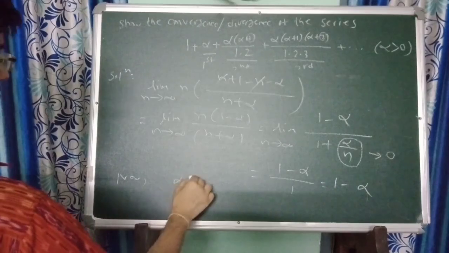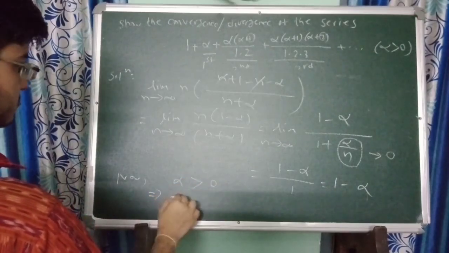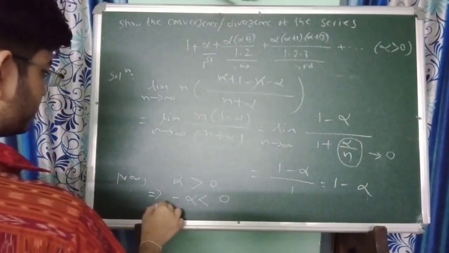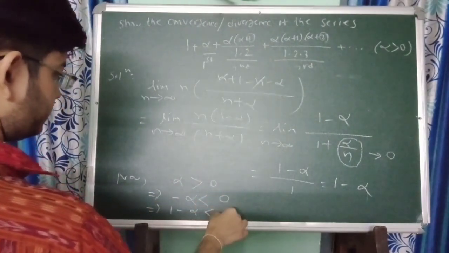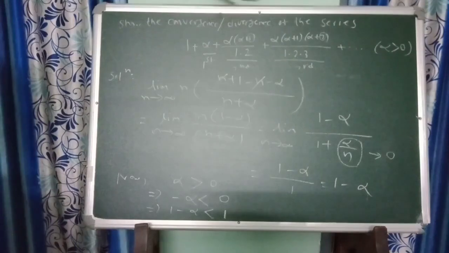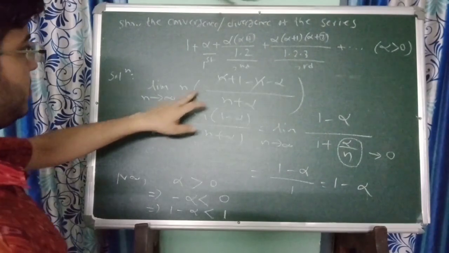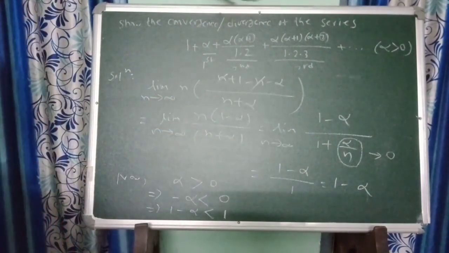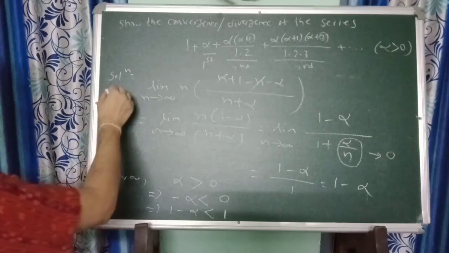Now alpha is greater than 0, so minus alpha is less than 0. So 1 minus alpha is less than 1. So the limiting value of limit n tending to infinity n into a_n divided by a_(n+1) minus 1 is less than 1, that is L.